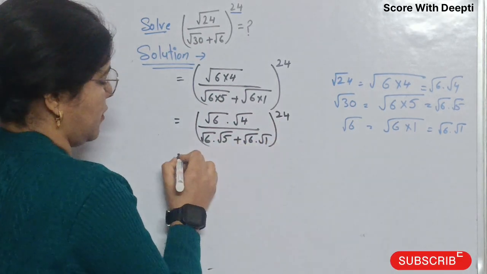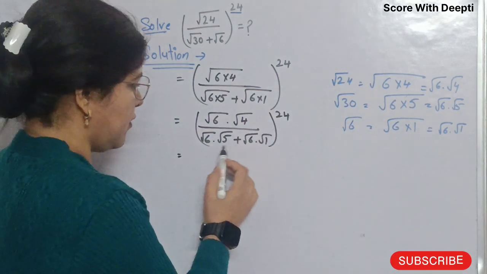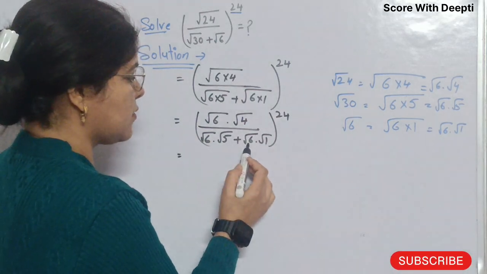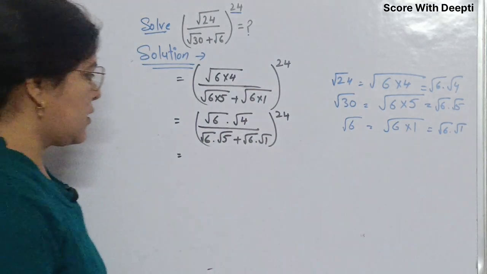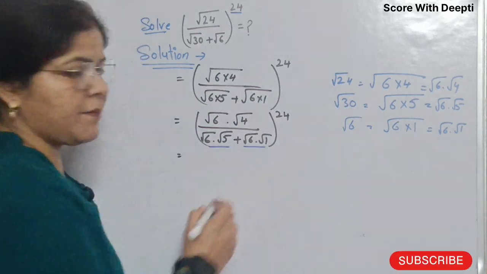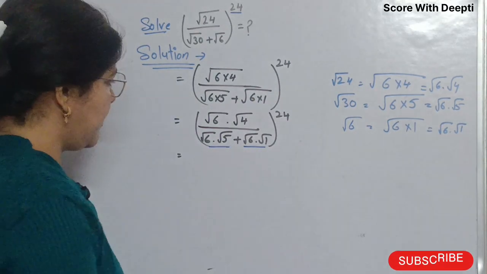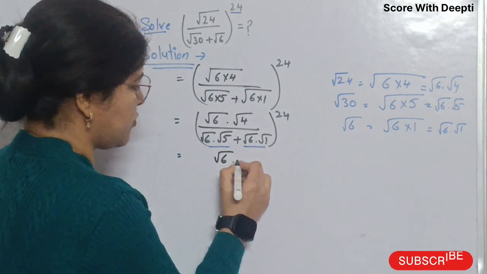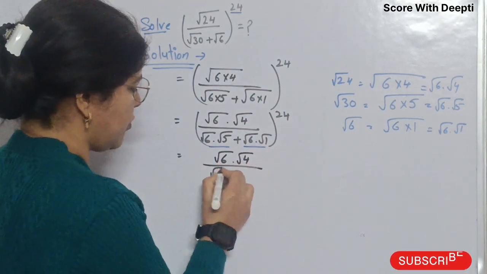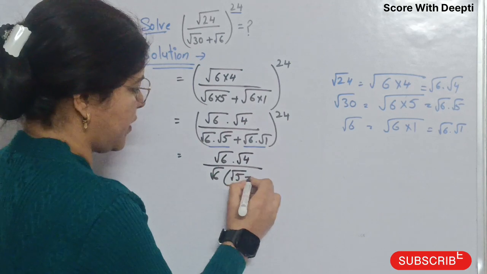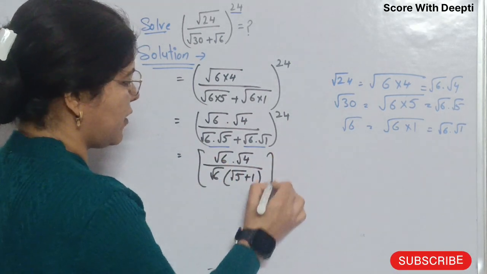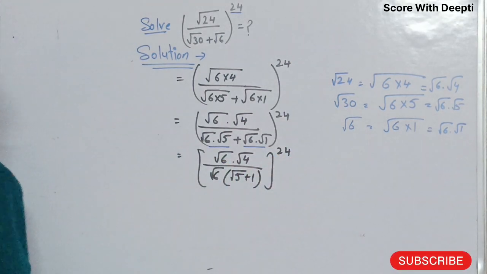Next, in the denominator we see square root 6 is common in both the terms, the first term and the second term. We take square root 6 common. Now we write square root 6 into square root 4 over square root 6 into (square root 5 plus 1), to the whole power 24 as it is.